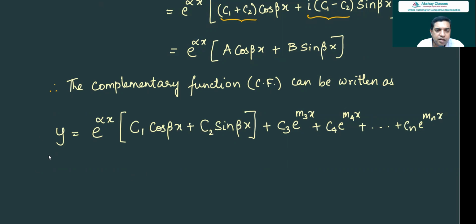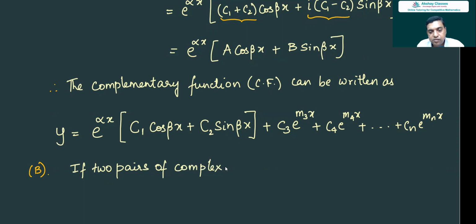Now, a further case in this: if two pairs of complex roots are equal, that is a possibility.